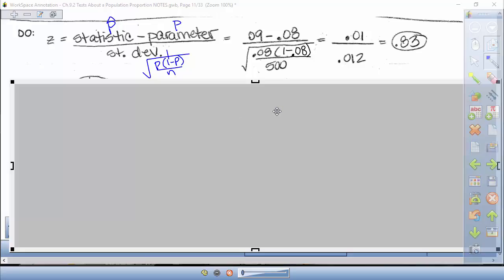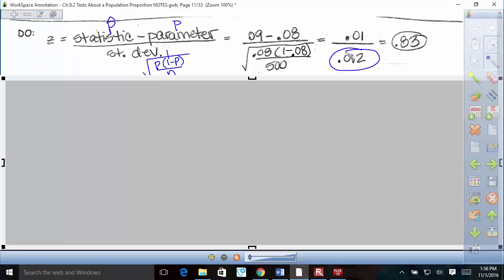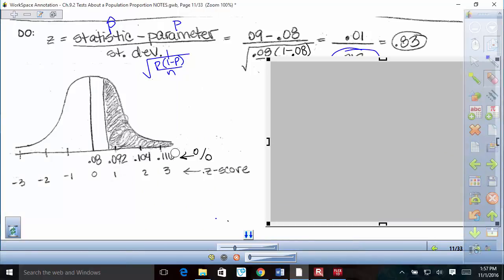What was the original proportion for this problem? 0.08, wasn't it? 0.08 was the original proportion. That's in the middle of your bell curve, and you go up by your standard deviation. So, just for time's sake, here are all the numbers that you need.